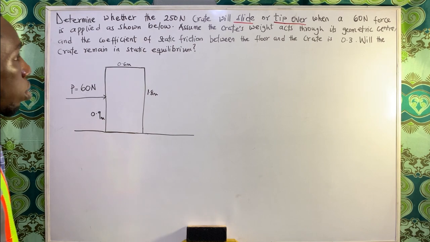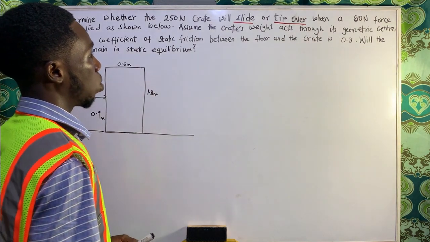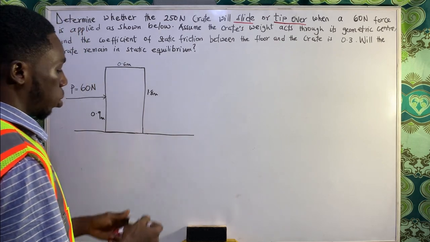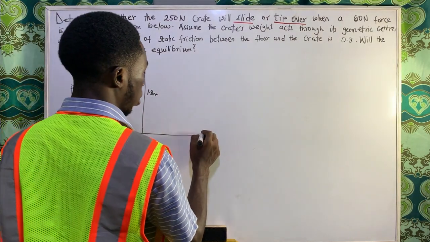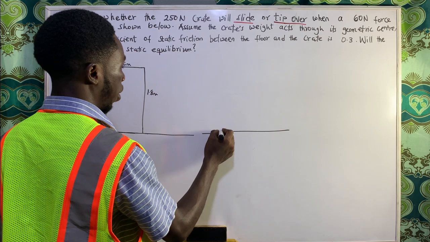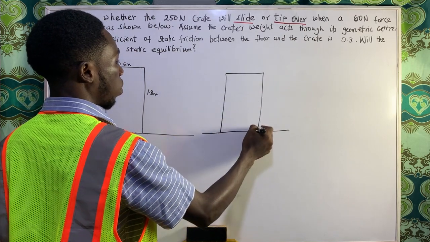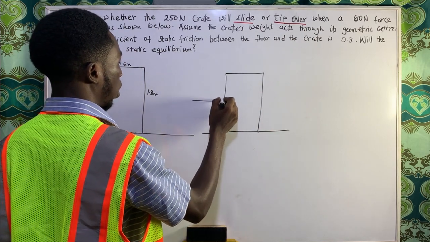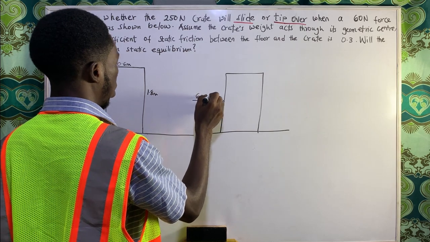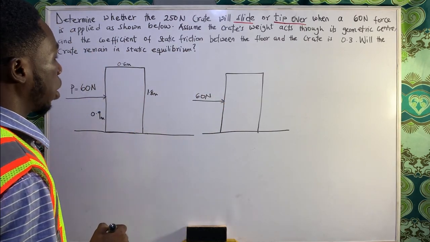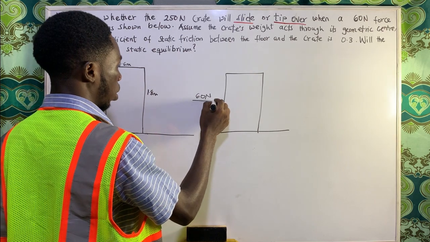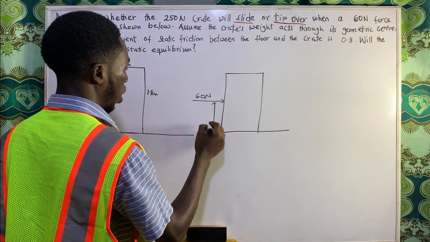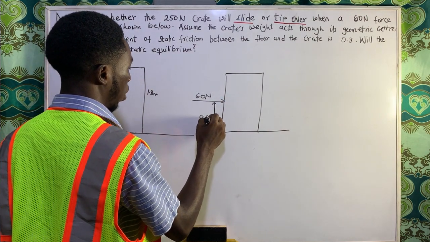Let's find out. So let's start by determining whether the crate will tip over or not. Let me draw the free body diagram for the figure that I was given. We have the applied force here, which is 60 newtons, and its distance from the bottom here is 0.9 meters.